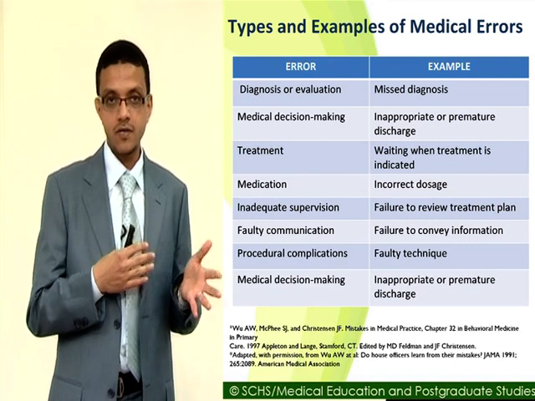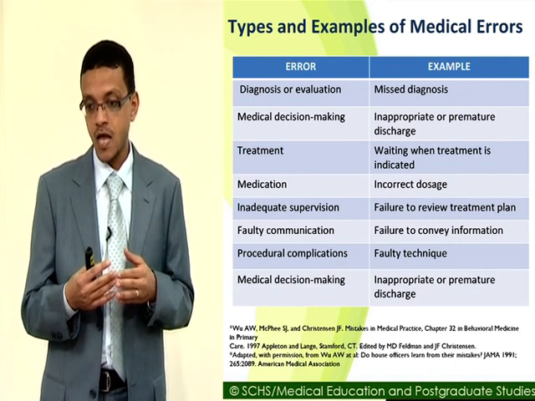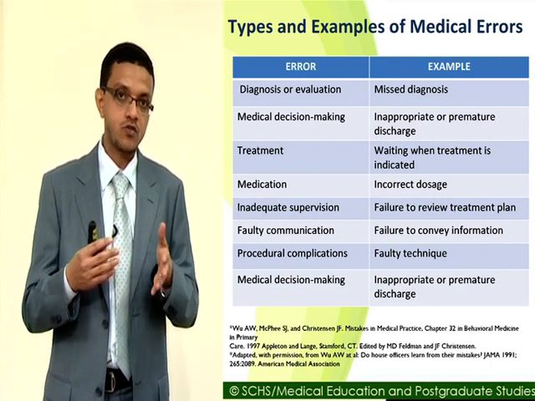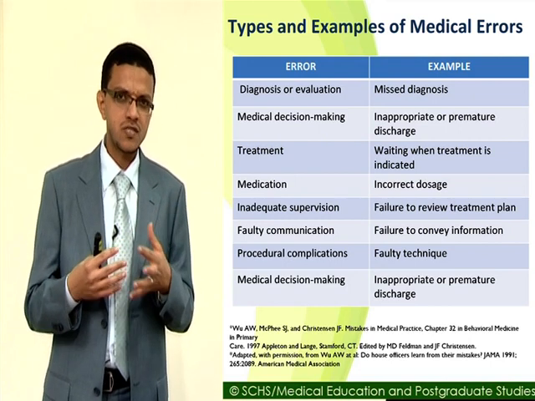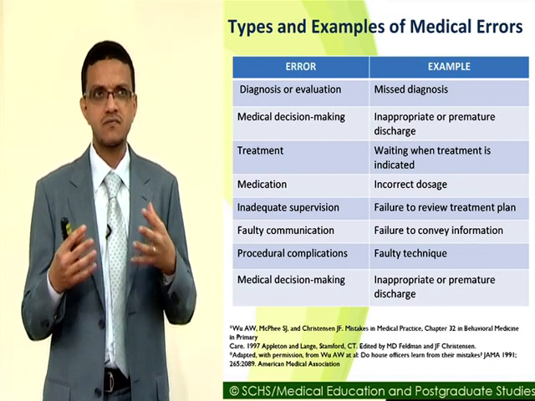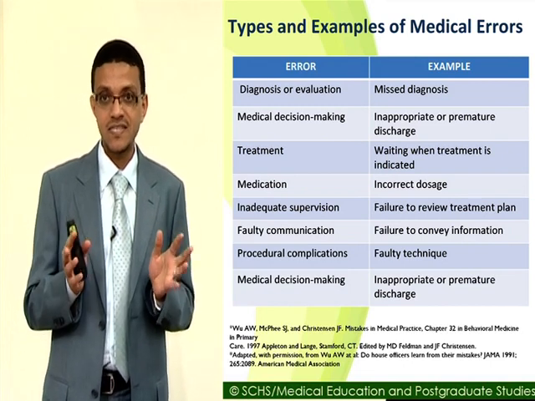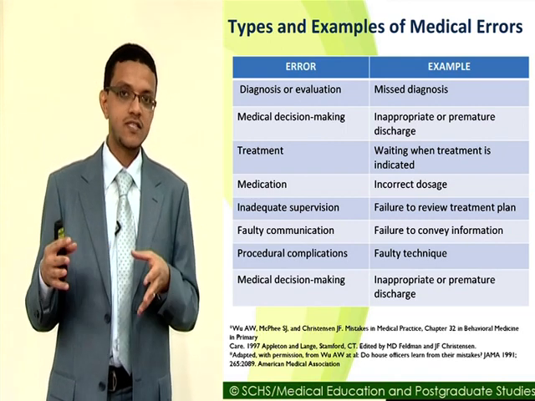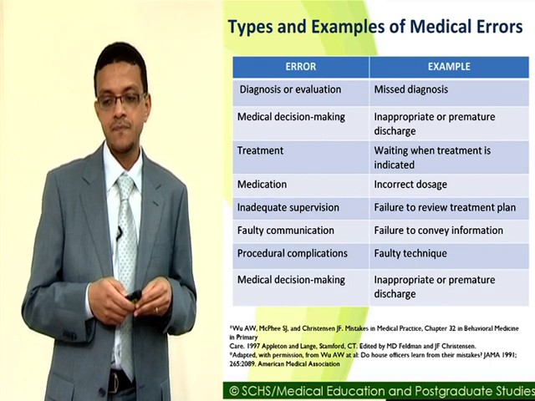It could be medical error related to treatment, like for instance, waiting when treatment is indicated. That's to say, physicians in internal medicine have this slogan of wait and see, while surgeons like open and see. Waiting is not always a good thing to do.